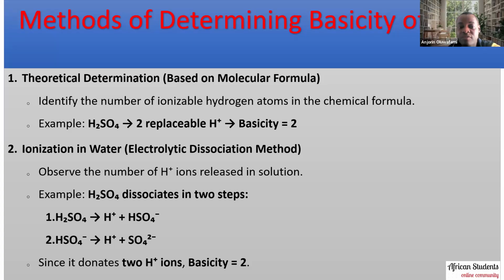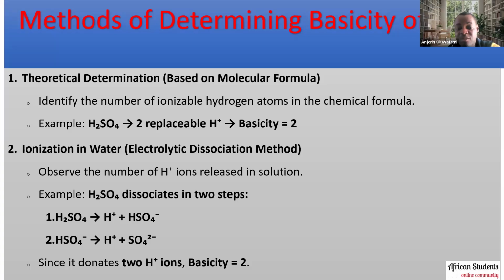Now, we can also look at it from the angle of ionization in water. We can determine the basicity of an acid by the electrolytic dissociation method, where we observe the hydrogen ions released in solution. For example, H2SO4 dissociates in 2 steps. First, H2SO4 gives a hydrogen ion and HSO4 minus.